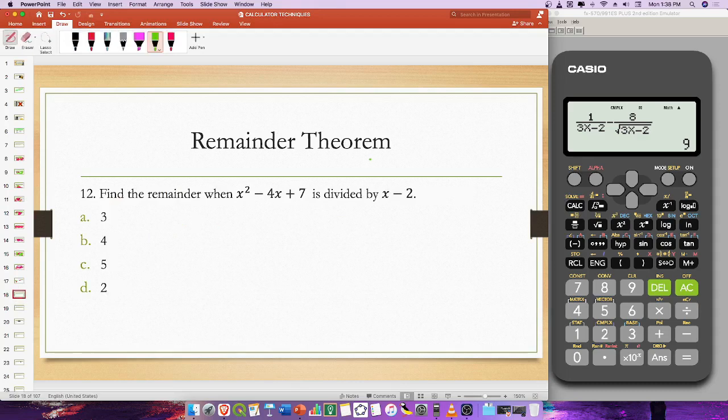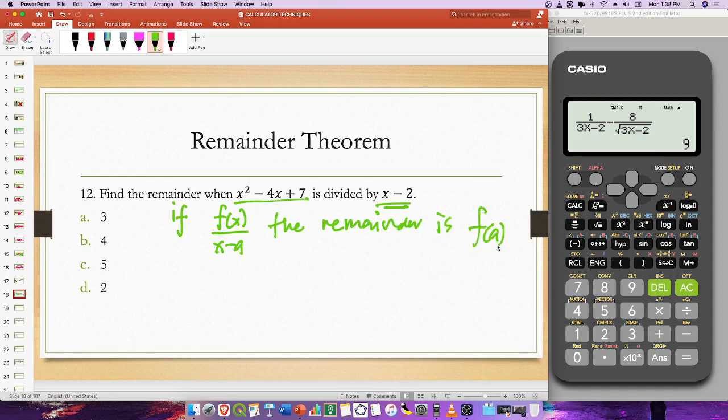Now we go to the remainder theorem. Let's go back to the principle. If this function of x is divided by x minus a, the remainder is f of a.